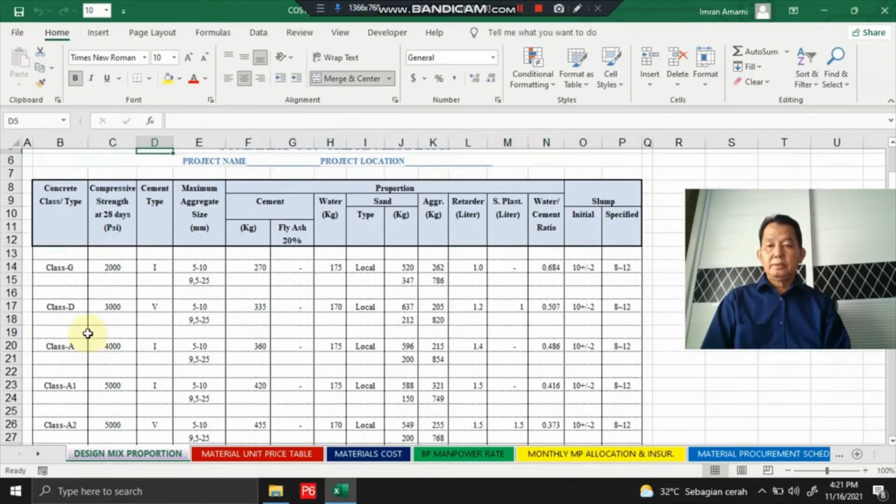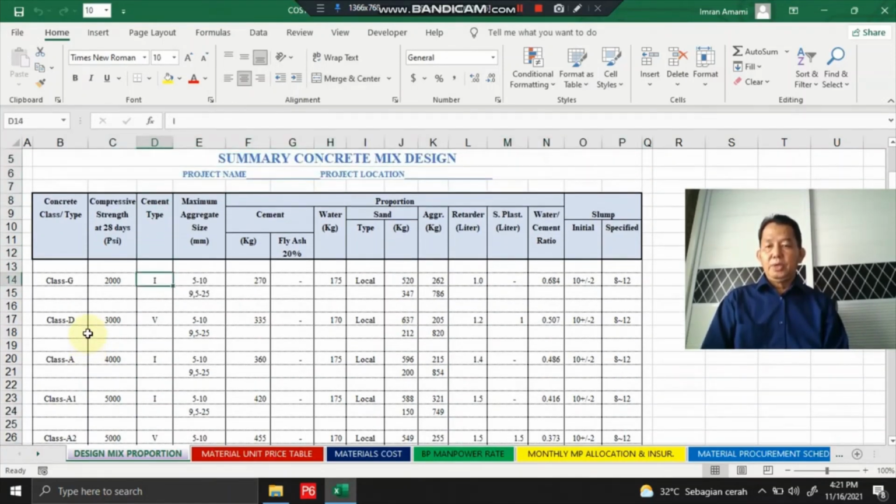And then we can see here the material proportion for each class of concrete.